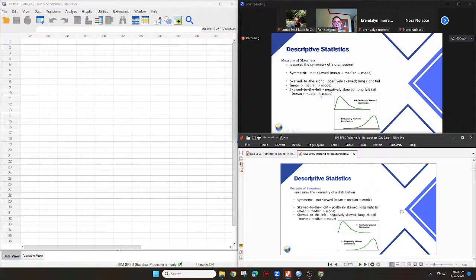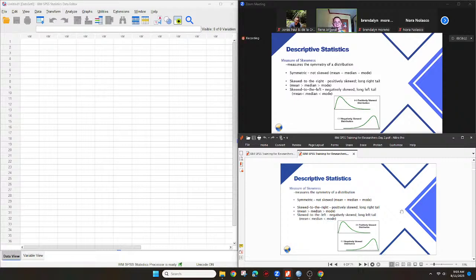How will you identify, based on the given values, without calculating the mean, median, and mode, whether it is skewed to the right or skewed to the left? If you are given a set of data and there are many small or low values, meaning the distribution is skewed to the right.